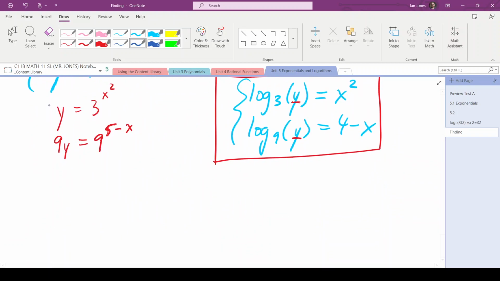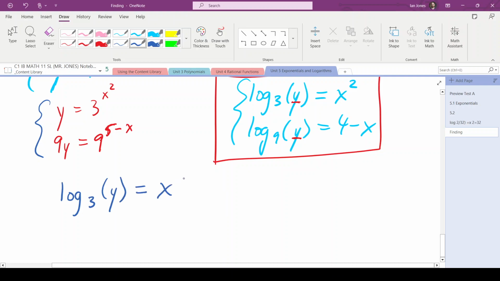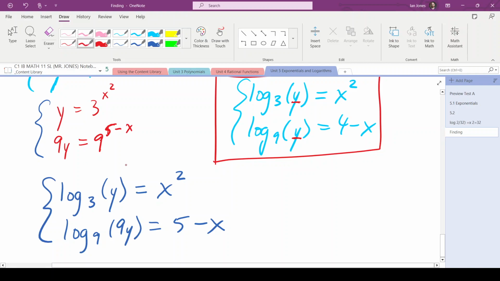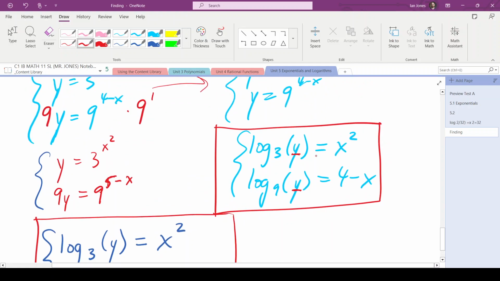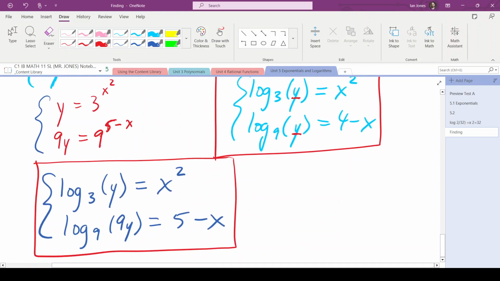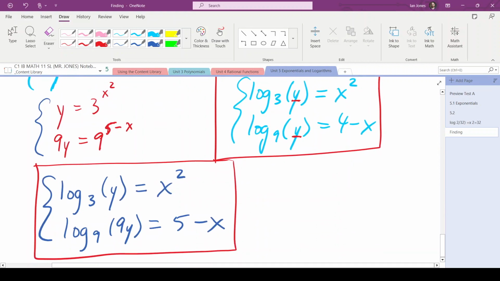So here now, if I put this into log form, I have log base 3 of y equals x squared, and I have log base 9 of 9y equals 5 minus x. See that? The solution to this one here in this red box will be exactly the same as the solution to this one in this red box. But I've made it look a little bit more complicated.